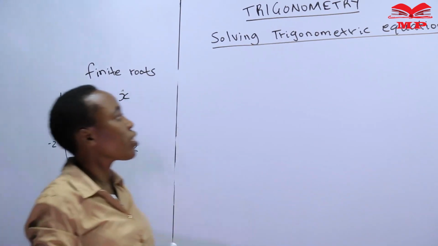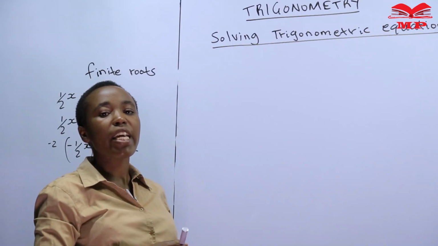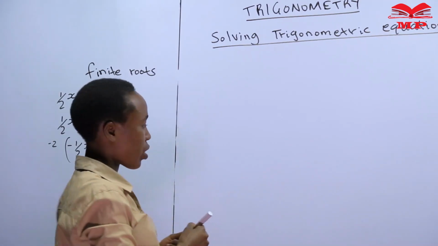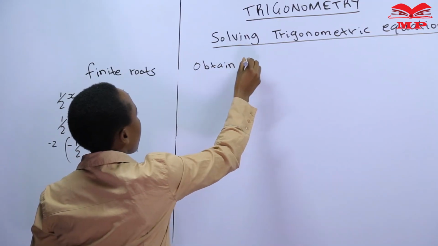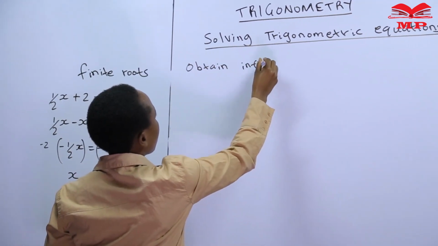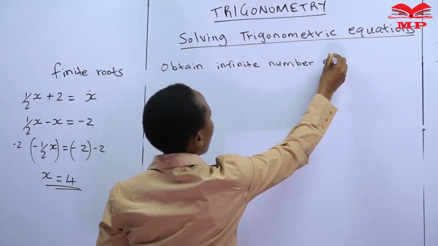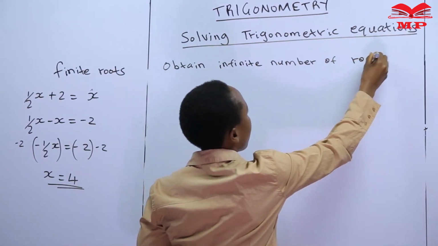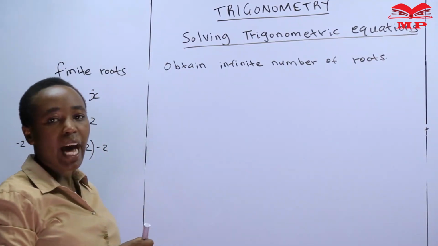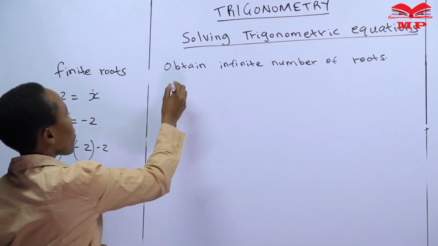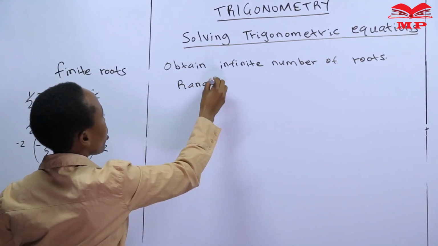Now in solving trigonometric equations, we can obtain an infinite number of roots. And therefore, to ensure that we have a certain answer, in a question, we are given the range.